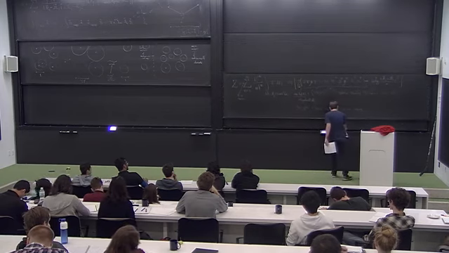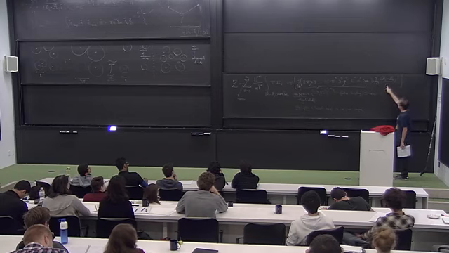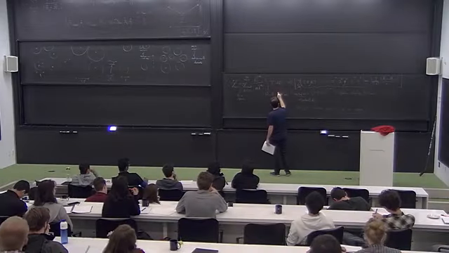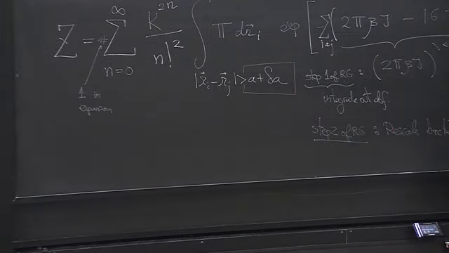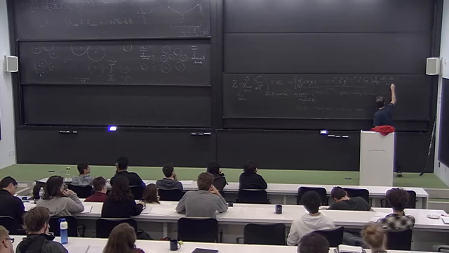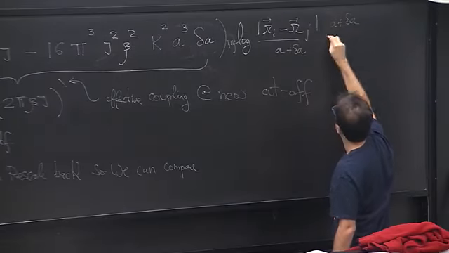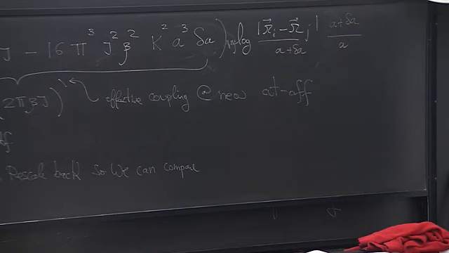I would go here and say that this A, the cutoff that appears here, is not the same as the cutoff that appears here, which is A plus delta A. Right? So what I can do is I put here A plus delta A, but then I need to put A plus delta A over A. Right?